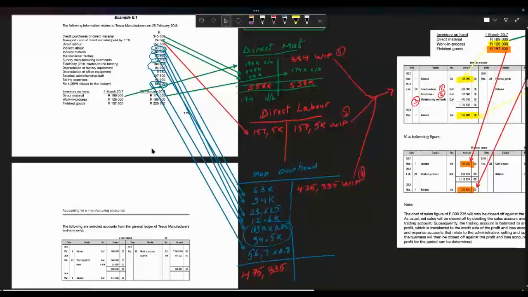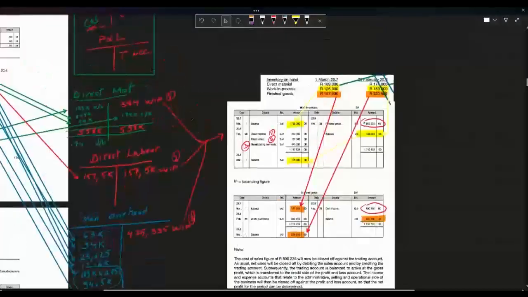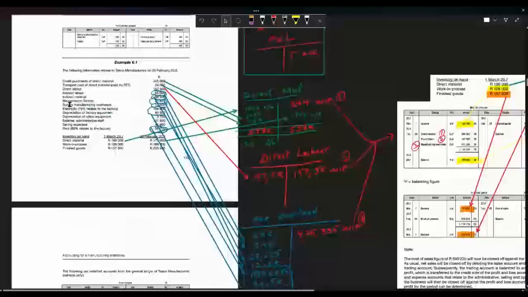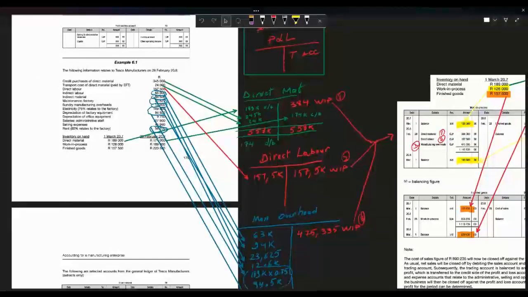And as we can see, now we can come to the actual work in process. For the work in process, now you need to check which accounts had an opening balance and a closing balance. Direct material was one of them, work in process was the other, and the finished goods. So there is an opening balance of 126,000.